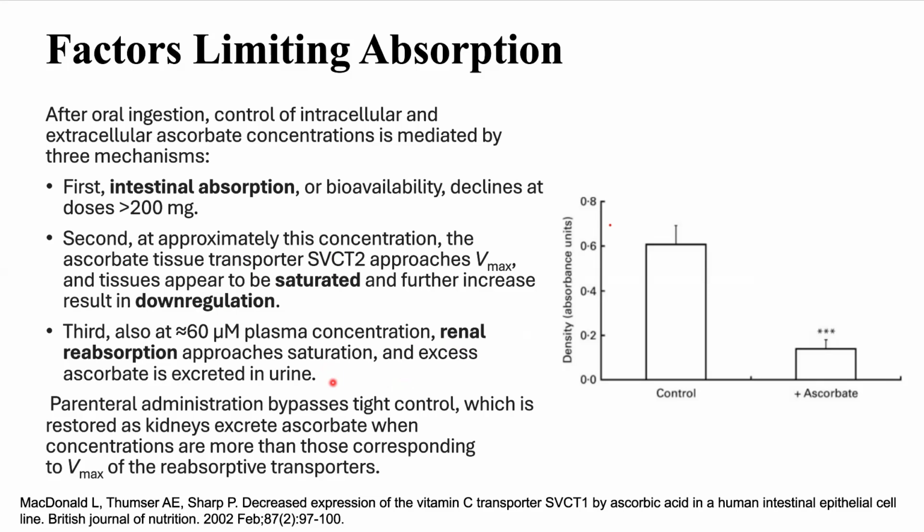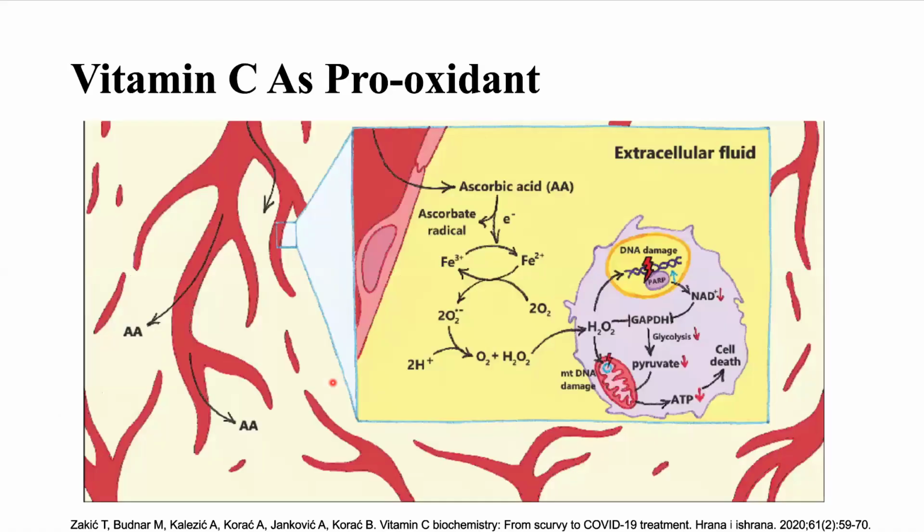And when we give this vitamin C through IV route, all of these factors are eliminated. Now we have vitamin C directly in the blood. We do not have to pass through any of the transporters. We do not have to deal with any renal reabsorption, saturation, and everything is cancelled out. So we have a lot more than what we have through oral route.